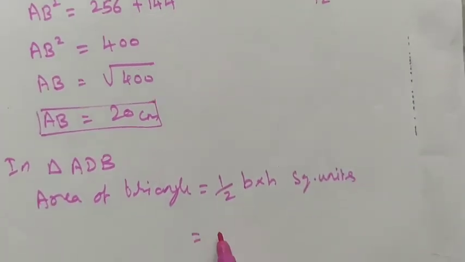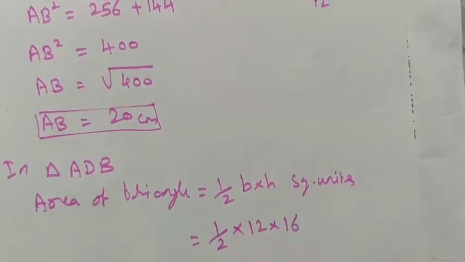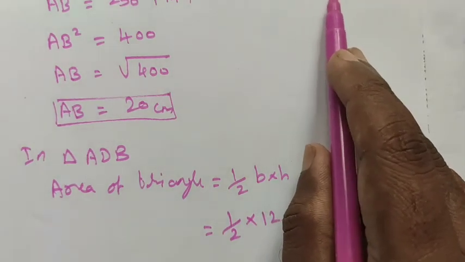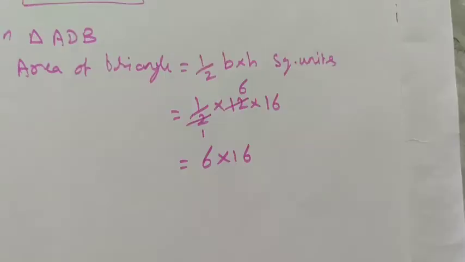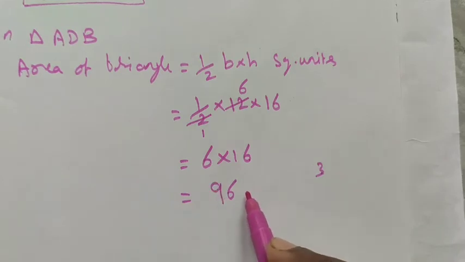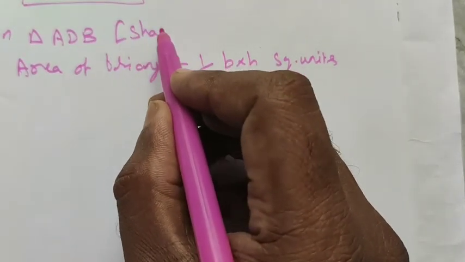So let me take half, base as 12 and height as 16. Right angle triangle means perpendicular, so one of the lines acts as a height. So half into 12 into 16. Half of 12 is 6, then 6 into 16 is 96 centimeter square. This is the area of the triangle ADB, the shaded region.